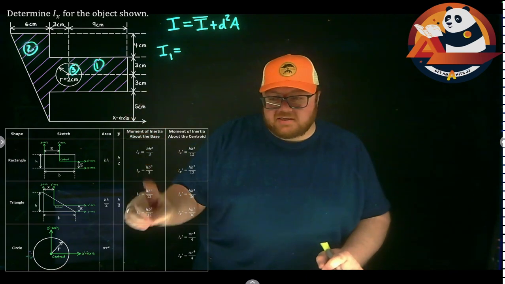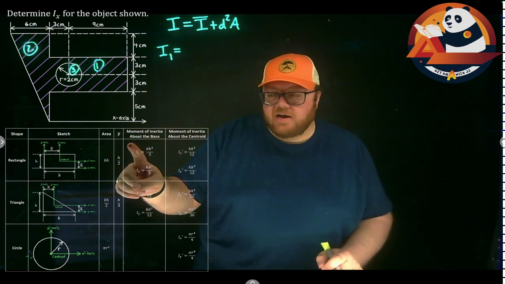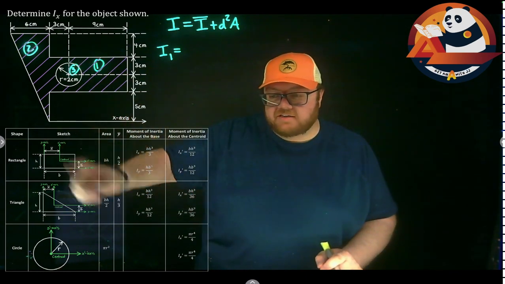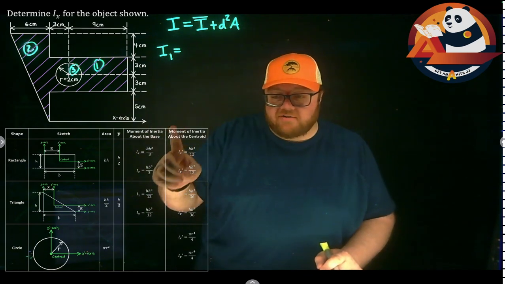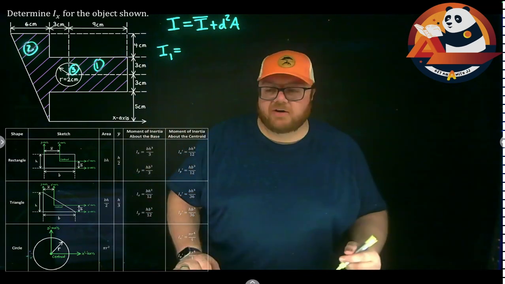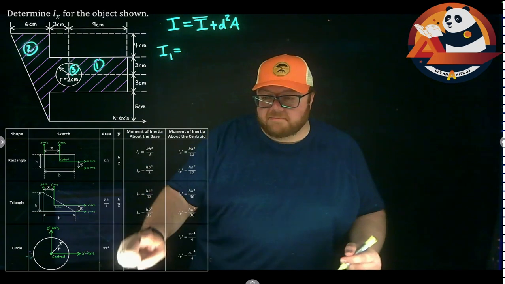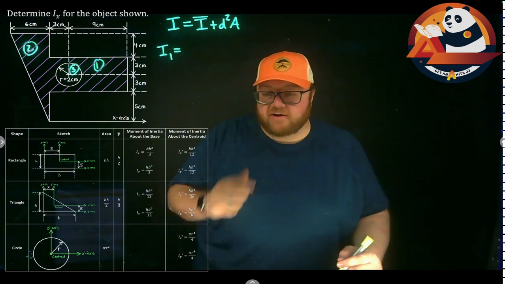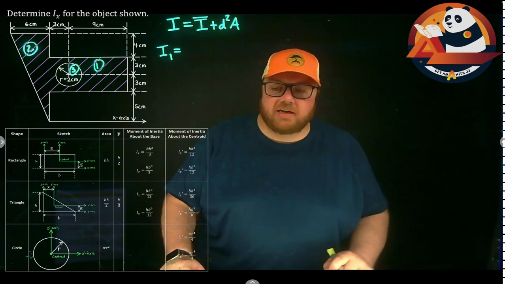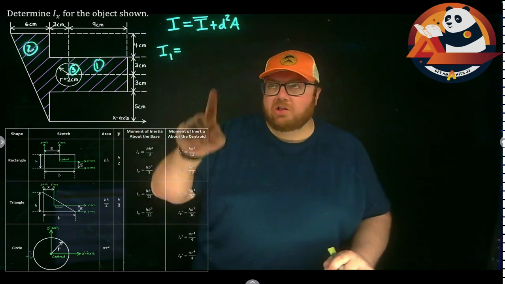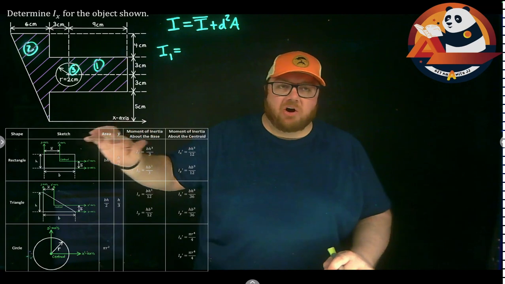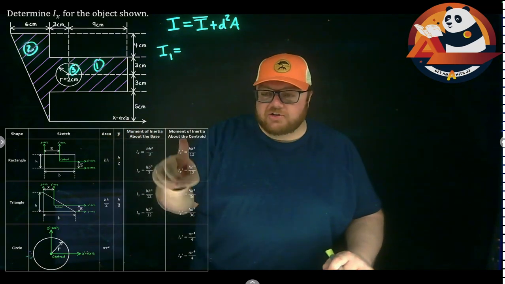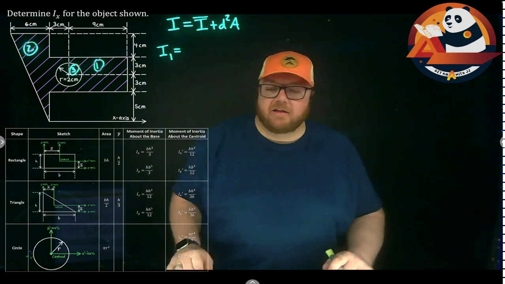Remember, as we're looking at this table, we have equations for if our object sits on the axis of interest and a more general, what's our equation about the centroid? This first column, the moment of inertia about the base, very rarely actually gets used for everything. It's kind of a unique situation in there. This column on the right, along with the parallel axis theorem, is almost always what we want to use. If you're ever unsure, use the second one and the parallel axis theorem.